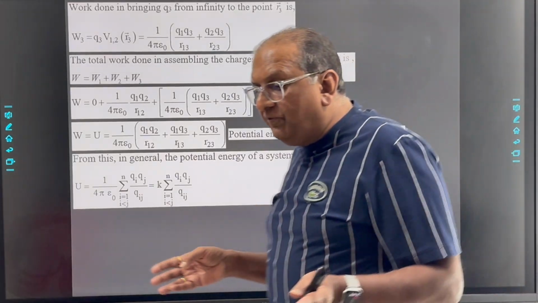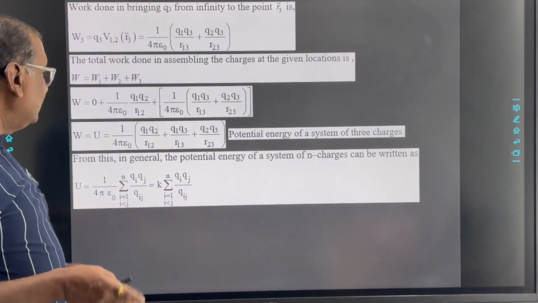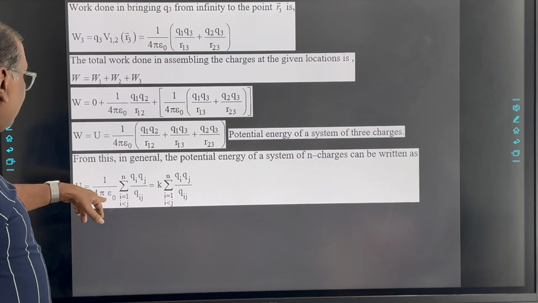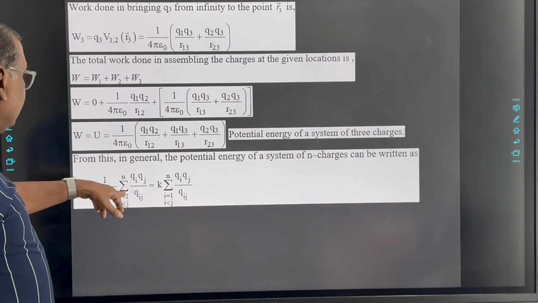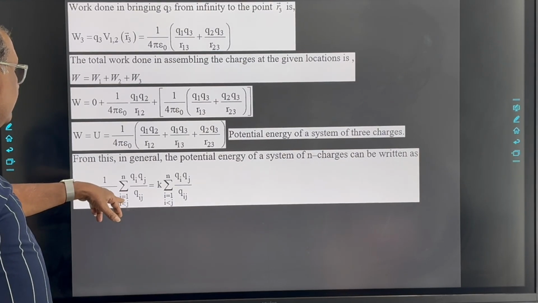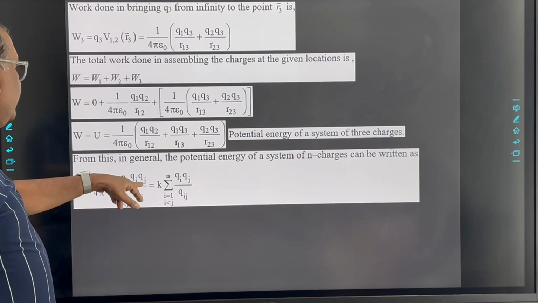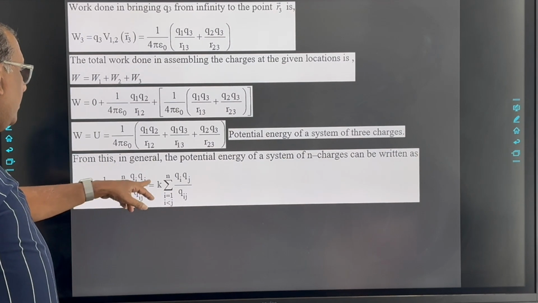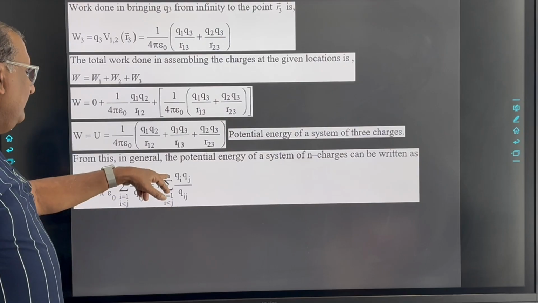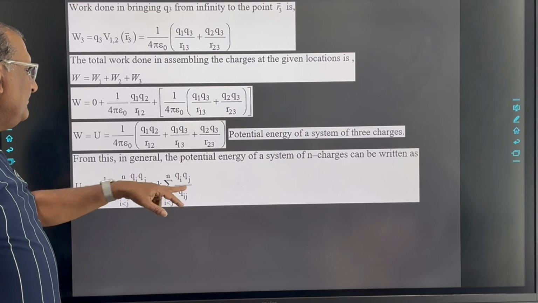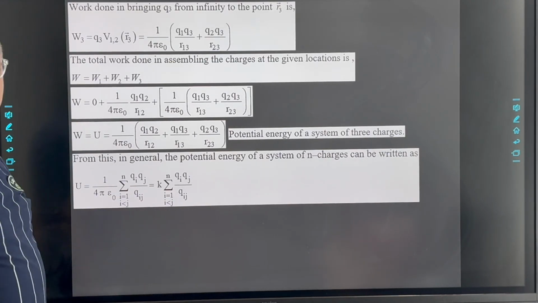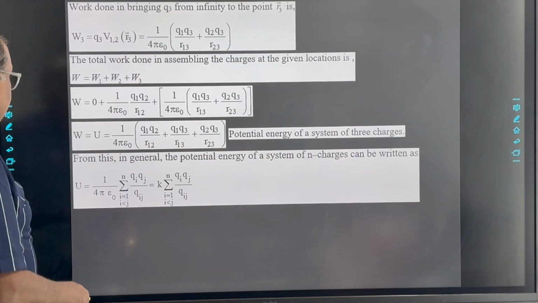So in general, for n charges we can write the equation for the potential energy of the system of n charges as 1 upon 4 pi epsilon 0 sigma i equal to 1 to n and i less than j, that is also up to n, Qi Qj upon Rij, or we can write k sigma i equal to 1, i less than j to n, Qi Qj upon Rij. Here we have to write Rij actually, so rectify it.